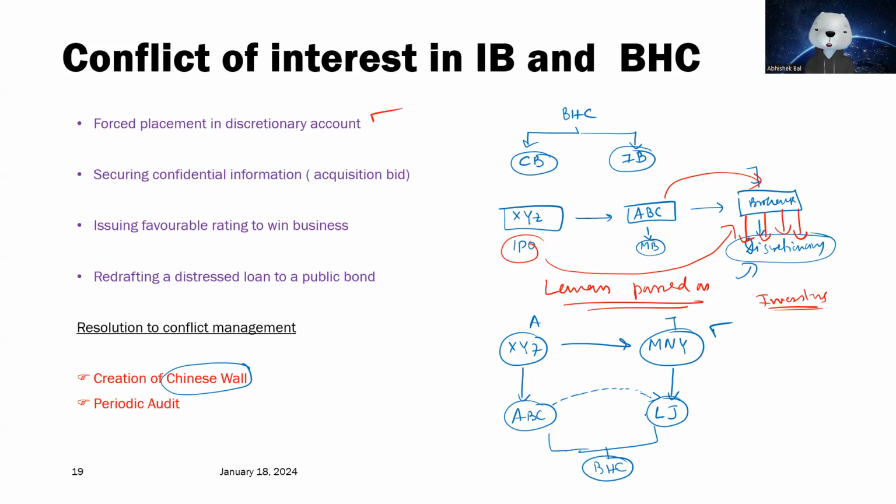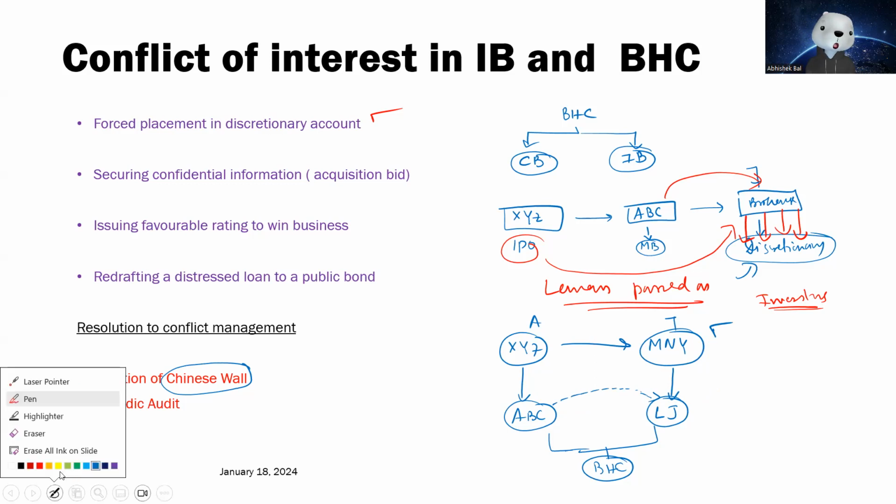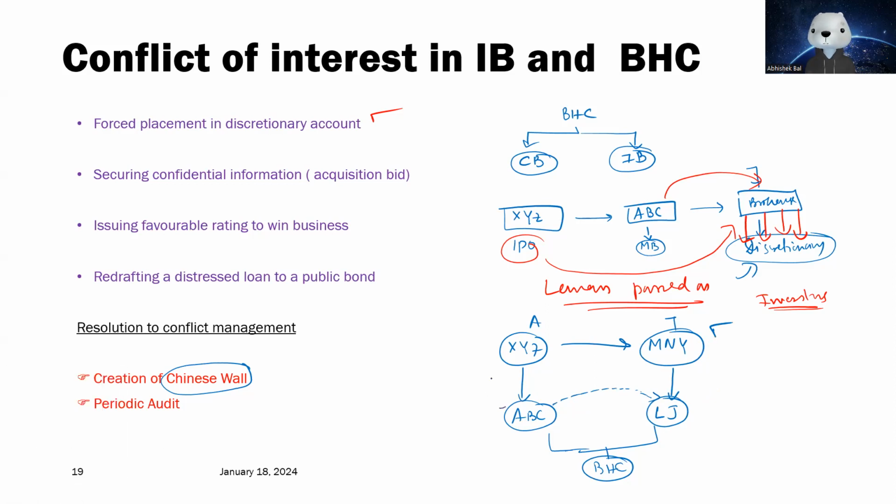And thus, such sensitive information may be unwittingly and unceremoniously passed on to the acquirer in advance, thereby putting the acquirer in a much better position as far as informed decision making is concerned. So remember, the acquirer XYZ may use those pieces of information to its advantage while negotiating the deal with MNY. So that is what is called securing confidential information, especially in an acquisition bid.